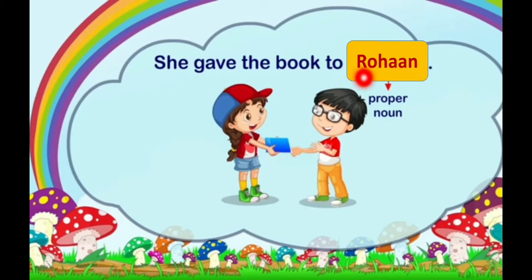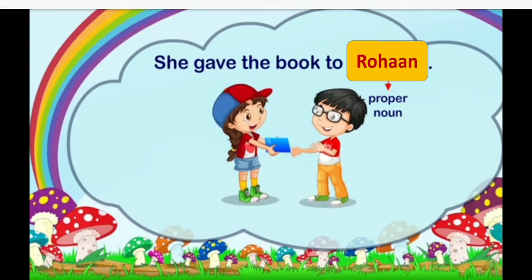But why have we made R of Rohan capital? Because Rohan is a proper noun. It is a specific name of a boy. That's why we have made R capital. Okay? So proper noun is always written with capital letter. Okay?